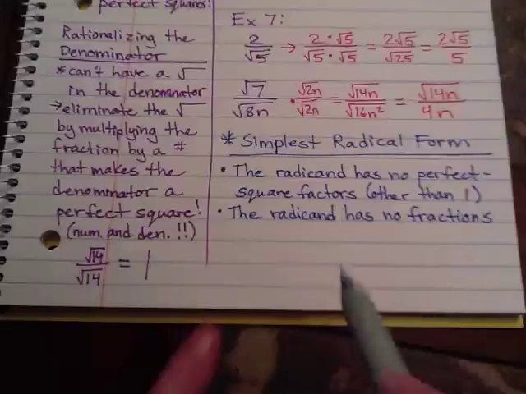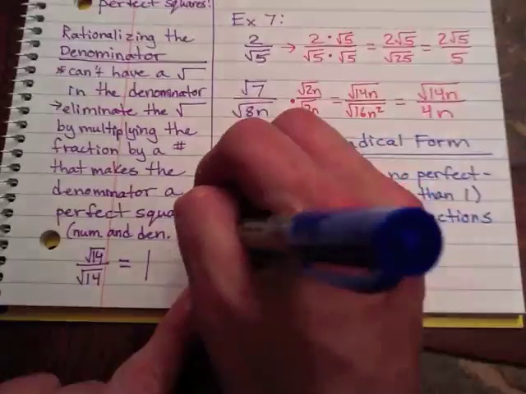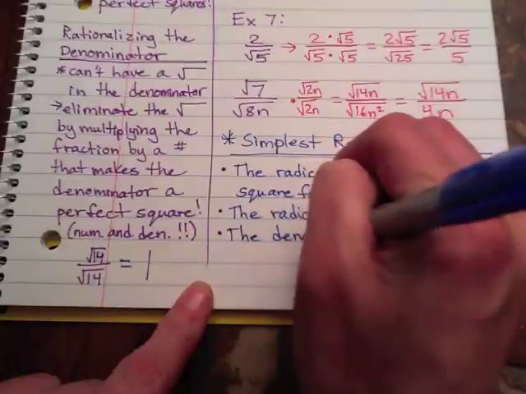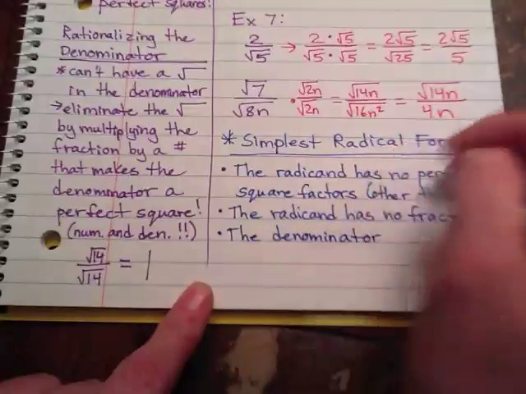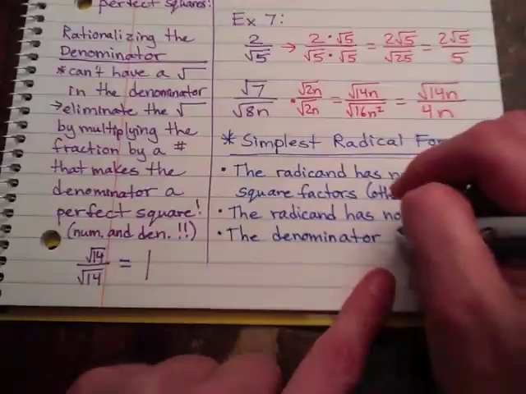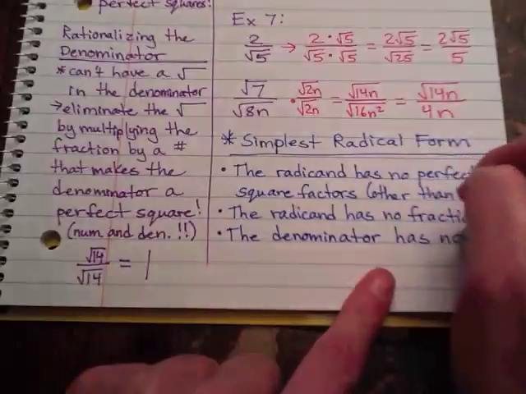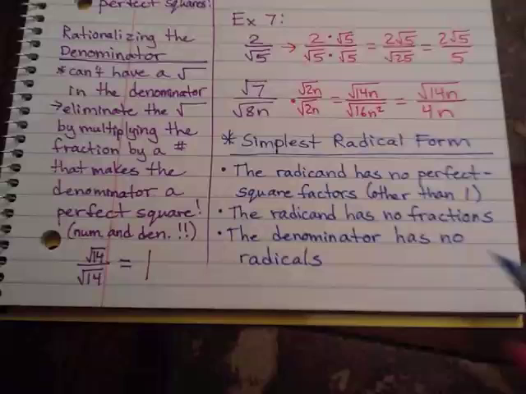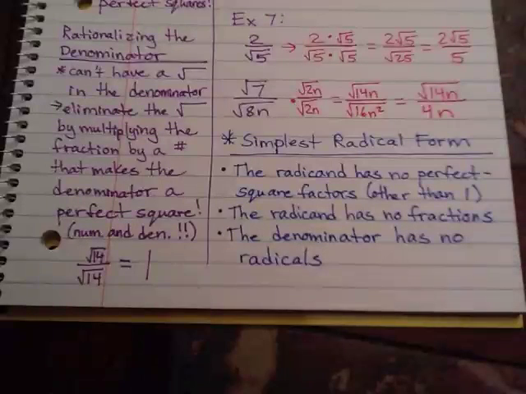And then that leads to the third thing, which is the denominator has no radicals. And these kind of relate to the same thing.